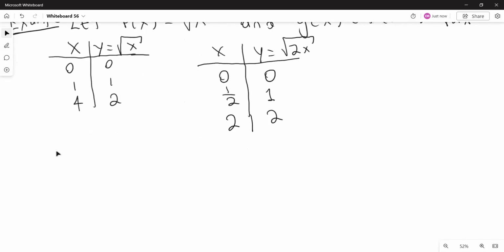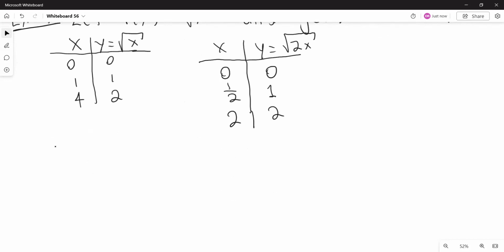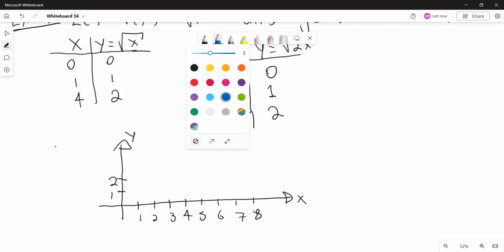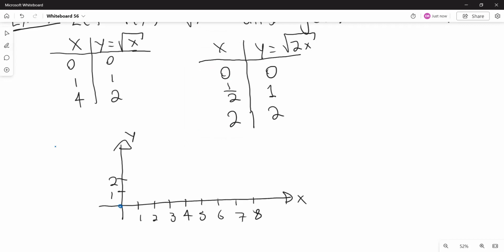Let's put the graphs together. Okay, so the original function, f of x, passes through (0, 0), (1, 1), and (4, 2).